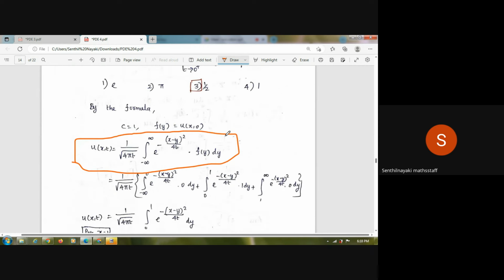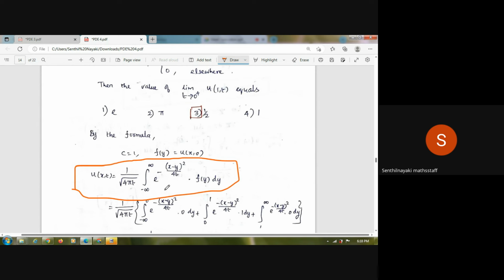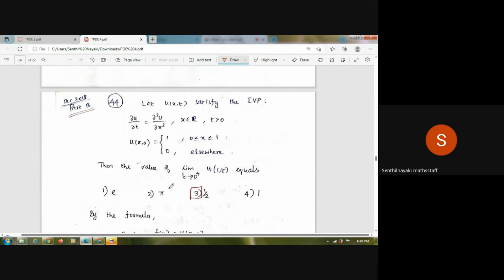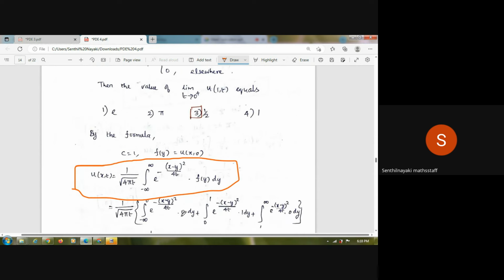So here we have to evaluate this integral. So 1 by square root of 4 pi t integral minus infinity to 0 e power minus x minus y the whole square by 4t into f of y.